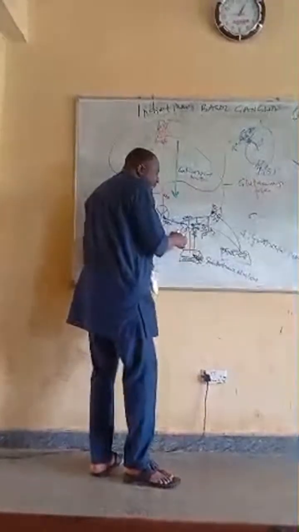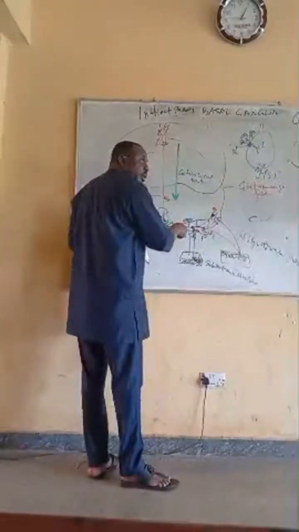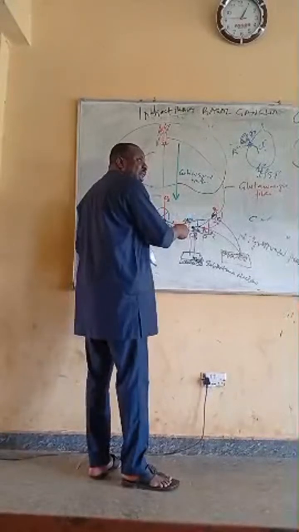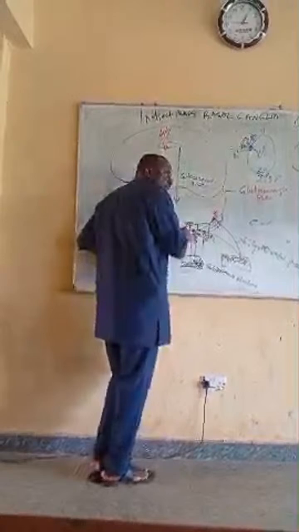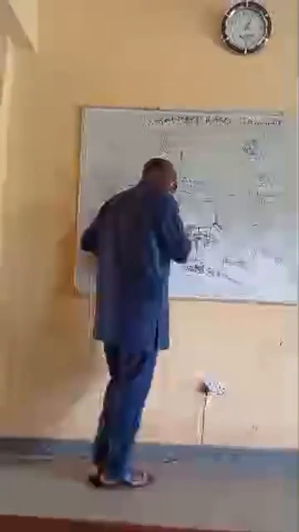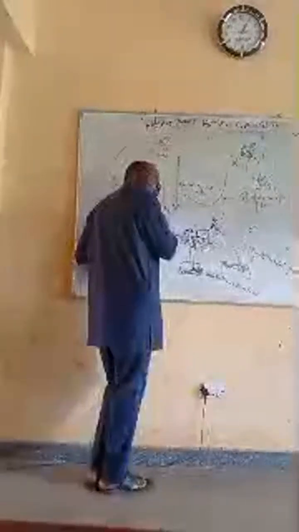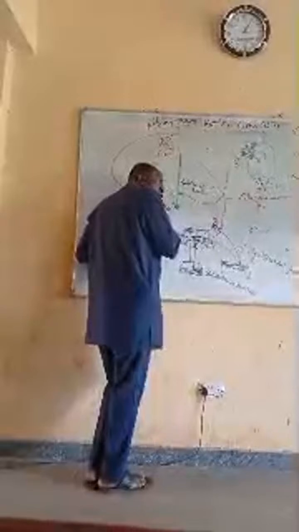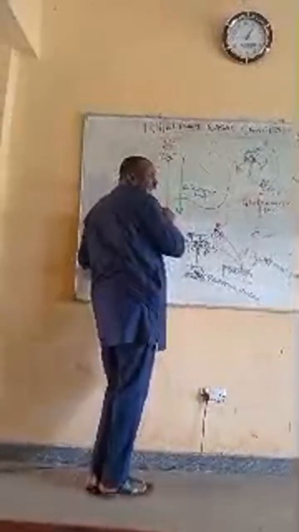When this neuron is inhibited, it will produce a small amount of glutamate here. So if a small amount of glutamate or no glutamate is produced, this neuron will not be excited. If this neuron is not excited, it will produce a small amount of GABA, or no GABA, which will excite this neuron.